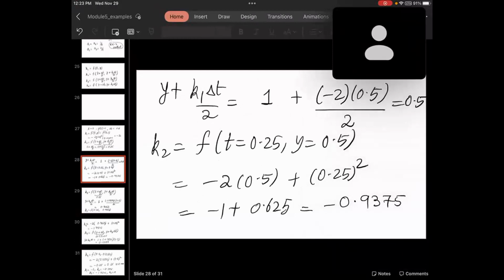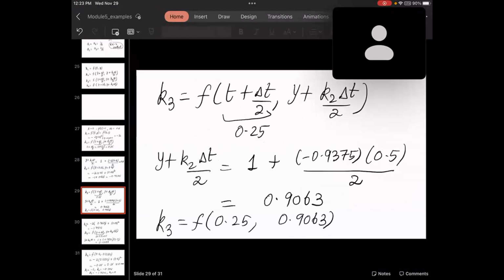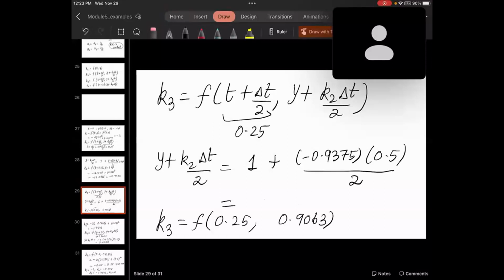So minus 0.9375, we were there. And then we need to fix this: minus 0.9375 multiplied by 0.5 divided by 2, which if I do that, I'm getting 0.7656. So this has to be changed to 0.7656. So the function has to be evaluated at 0.25 and 0.7656.